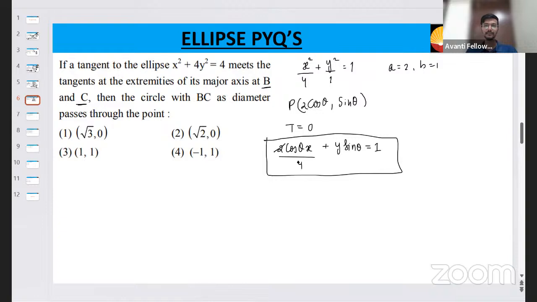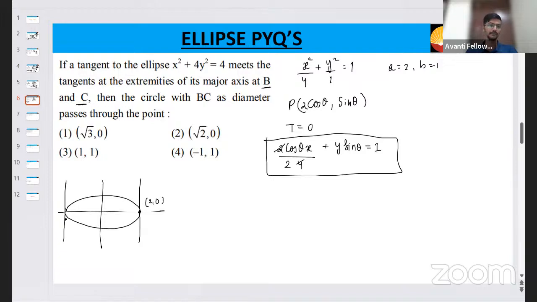We can cancel out, right? So what do we get, guys? It means the tangents at the extremities of its major axis. So if I try to draw the diagram of the ellipse, this is the major axis and this is a tangent. So this point is 2 comma 0.